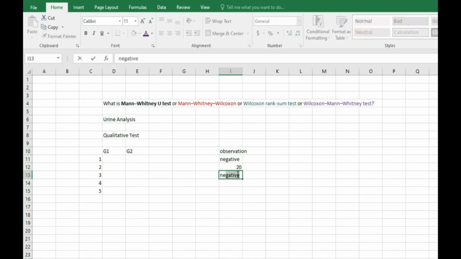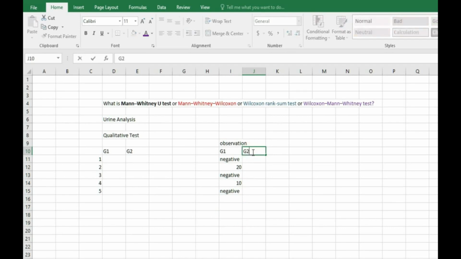Animal 3 showed negative, animal 4 showed 10 blood cells, and lastly animal 5 is negative again. So these are the observations we have seen in group 1, G1. I have written G1 here, and again I am writing G2 here.